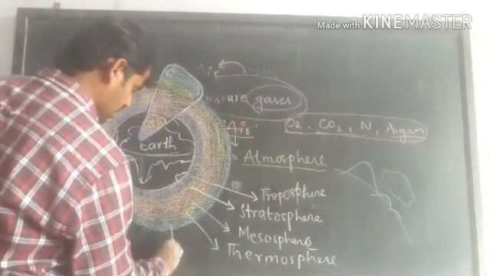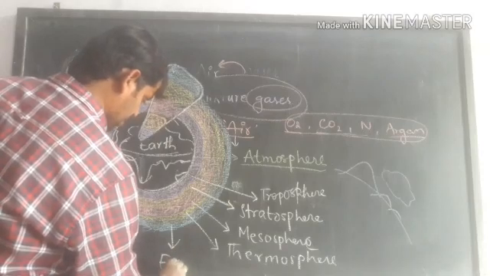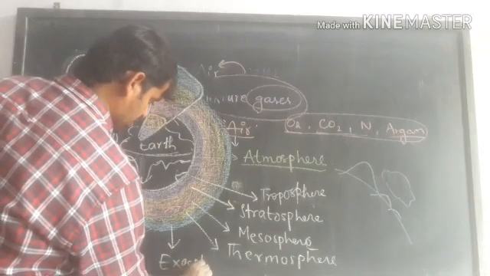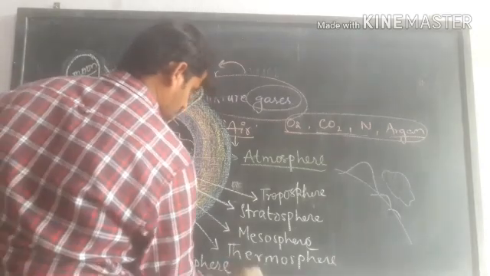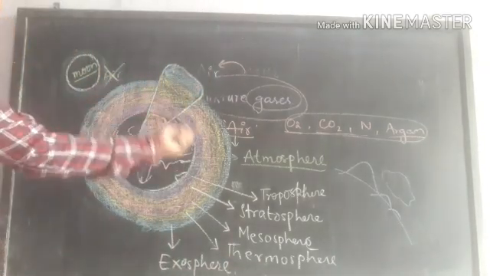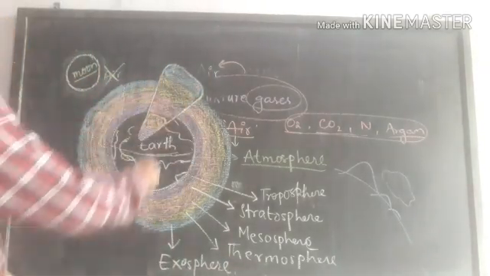And the last one is called exosphere. Right? So these are the 5 layers that are present around the earth.